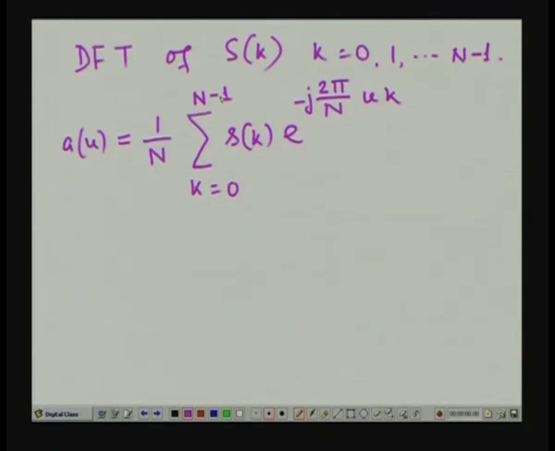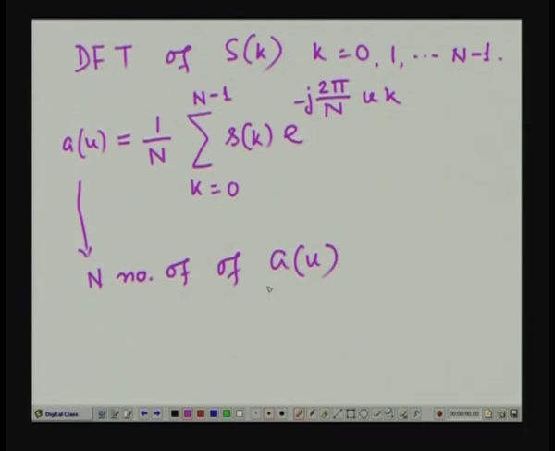By doing this, I get capital N complex coefficients a u. Each coefficient a u is complex.